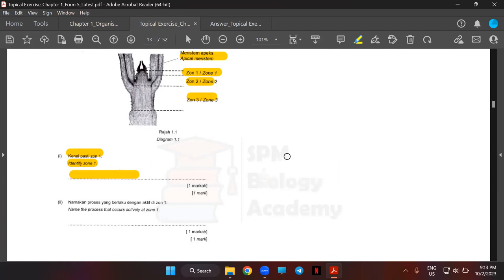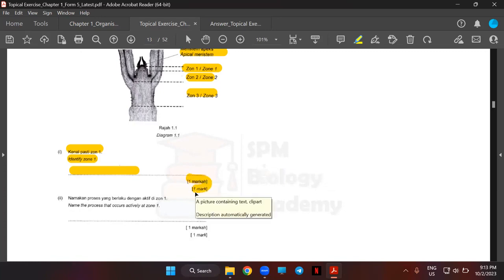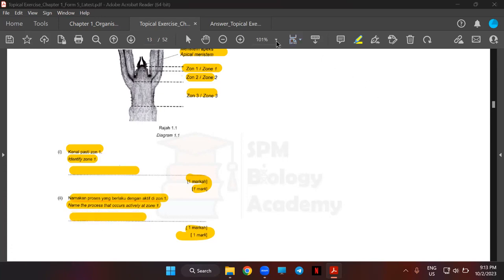Easy question lah. 1 mark only. Namakan proses yang berlaku dengan aktif di zone 1. Name the process that occur actively at zone 1. 1 markah. Anyone? Name the process that occur at zone 1 actively. Jawapannya apa? Ya, mitosis boleh tulis.